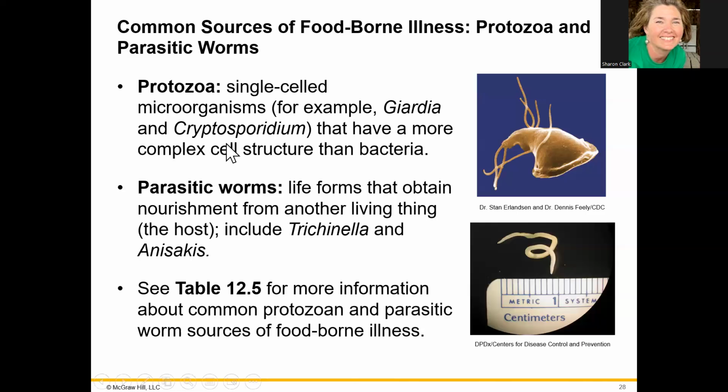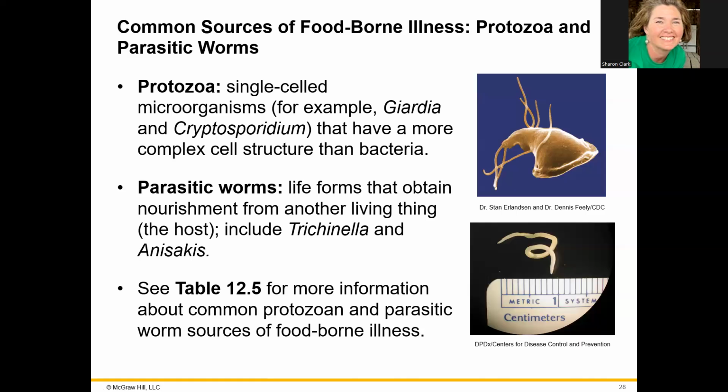And then lastly, your parasitic worms. These are your worms and helminths that live in the GI tract of the host, or can also live in the circulatory system, as in heartworms.